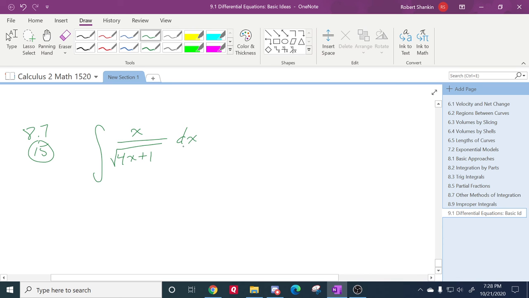All right, in this I try to look up a table entry in the back of the book to see if that takes care of this problem. Do I see any table entries in the back that are just like this?